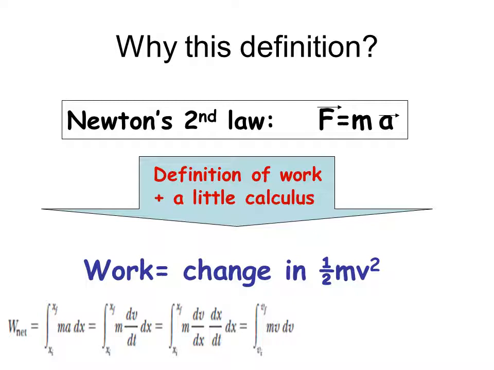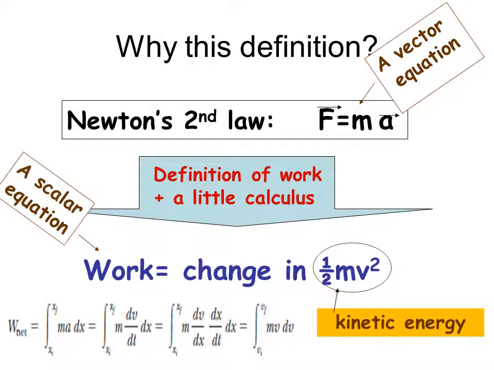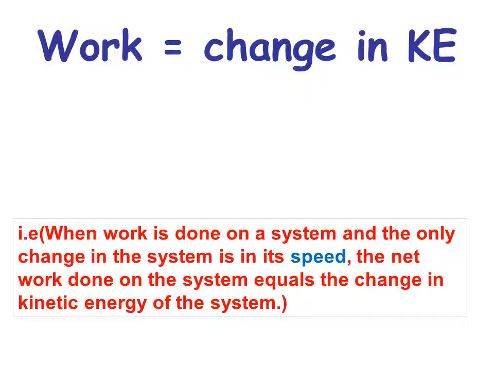This little calculus here is the net work, the integration from x initial to x final. The force here is Newton's second law, mass multiplied by acceleration, delta x. So we can find the integration of mv dv by half mv square. We note that F is a vector equation and the work we know is a scalar quantity. Now the work is a change in kinetic energy.